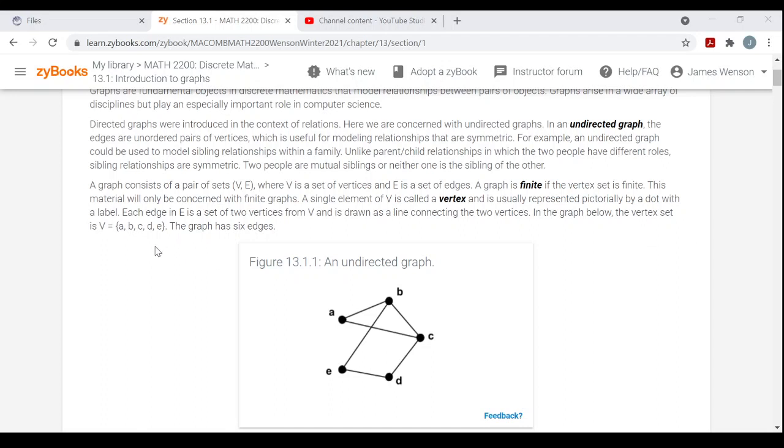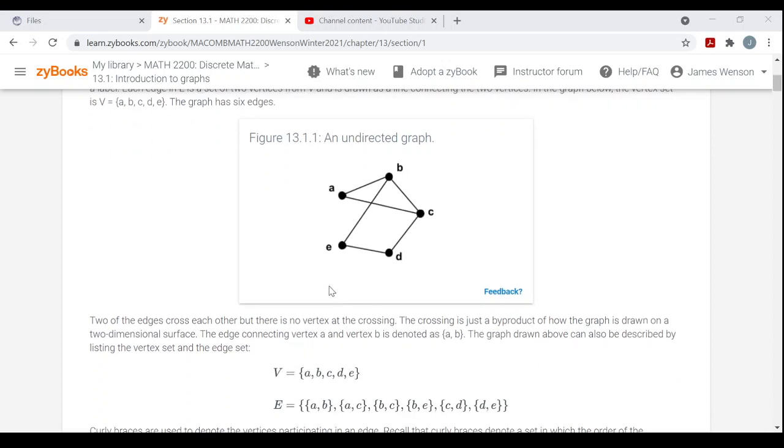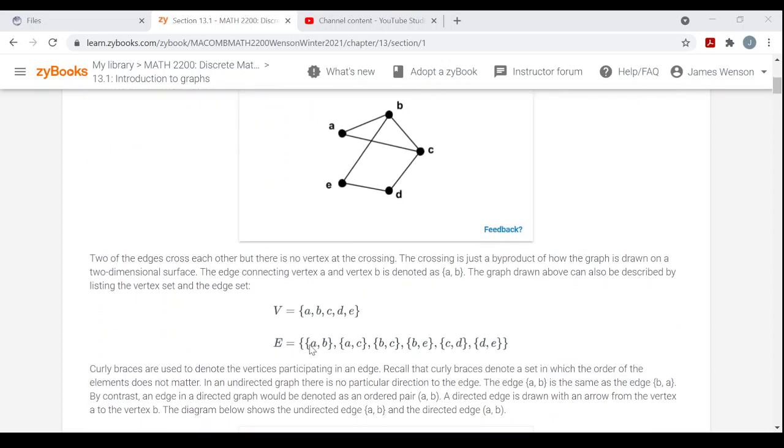So in the graph below, again, the vertex set is the set with elements A, B, C, D, E, and the edge set, as they're showing me here, is a set with sets in it. And each set has two elements, and those two elements are in a set if there's an edge between them, a connection. So you see the set with A and B because there's a segment between A and B. The set with A and C because there's a segment from A to C and C to A, right?